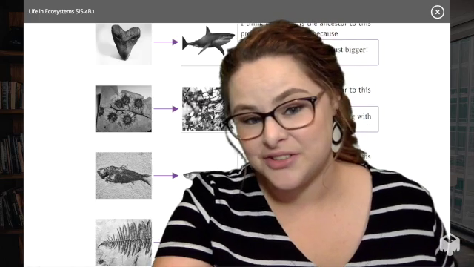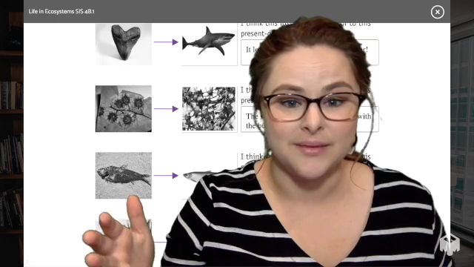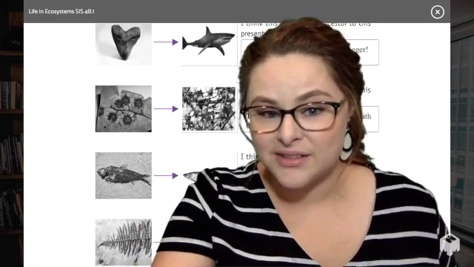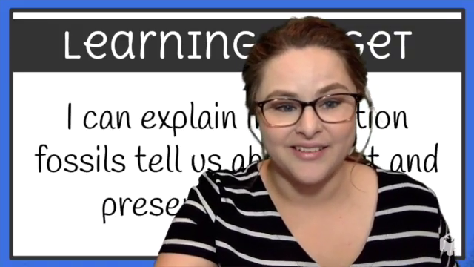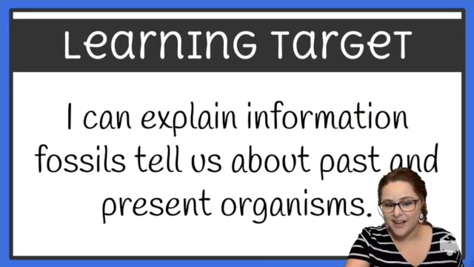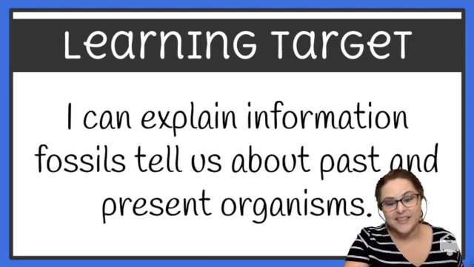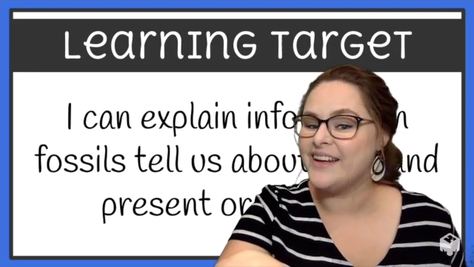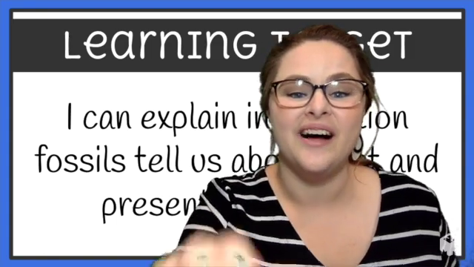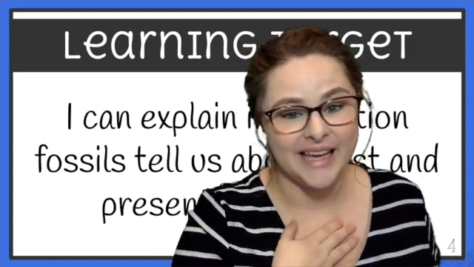So fossils are just coming from ancestral organisms. We talked about today our learning target: I can explain information fossils tell us about past and present organisms. Today we talked about fossils and how they can relate to our generation and things that we find today.